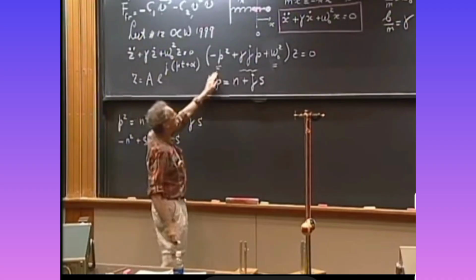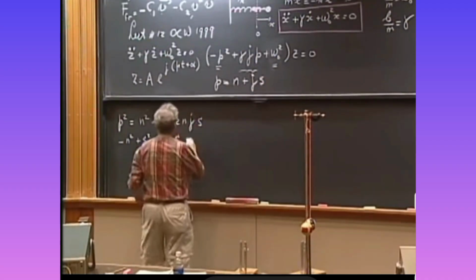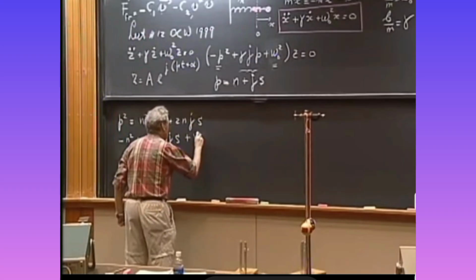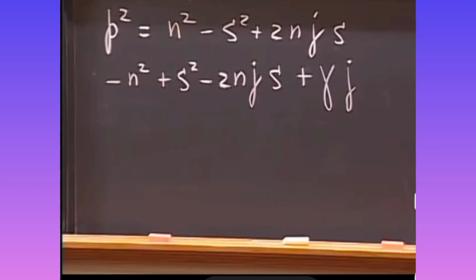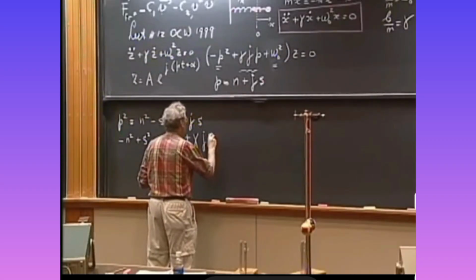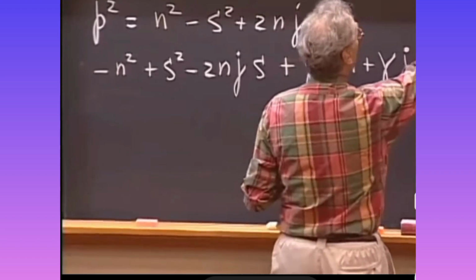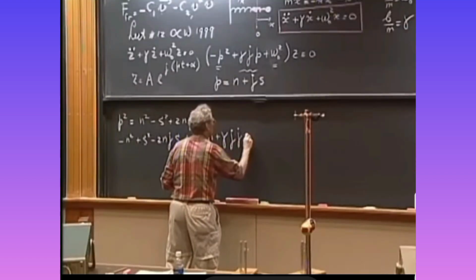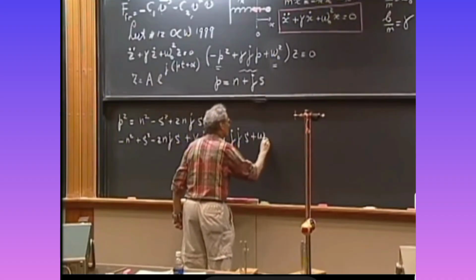So I'm done here. Now I get gamma jp, plus gamma times j. And now I have to multiply that by p, which is n, plus gamma times j times js. And then I have plus omega 0 squared.